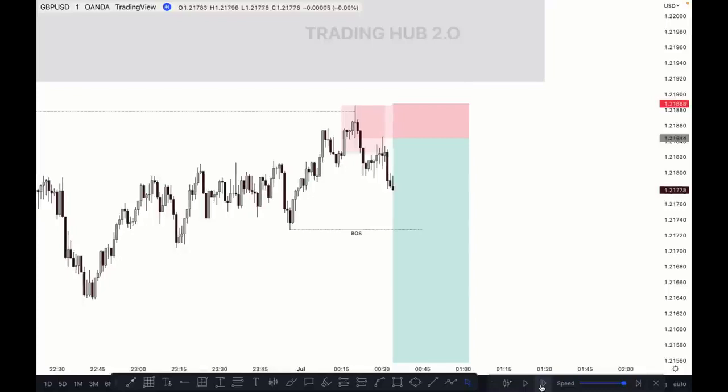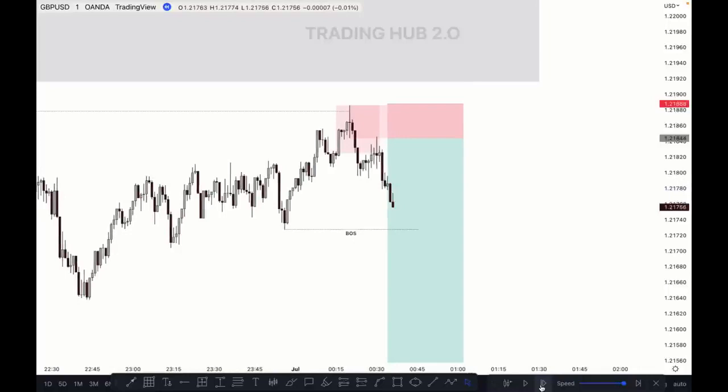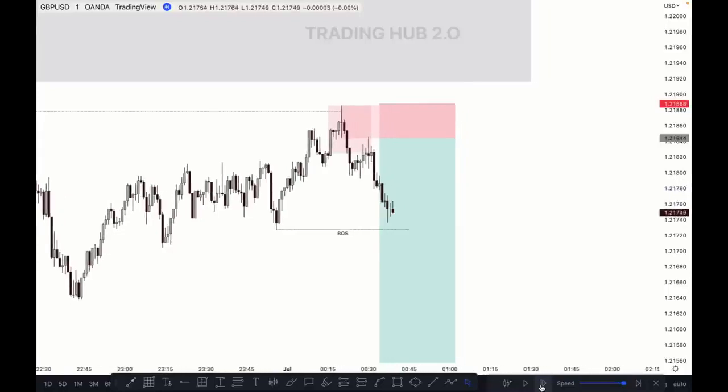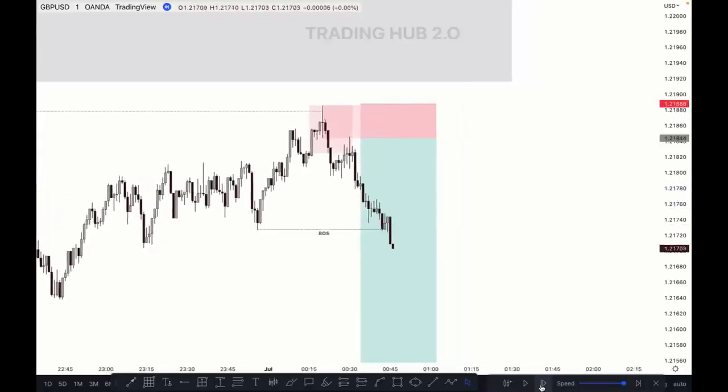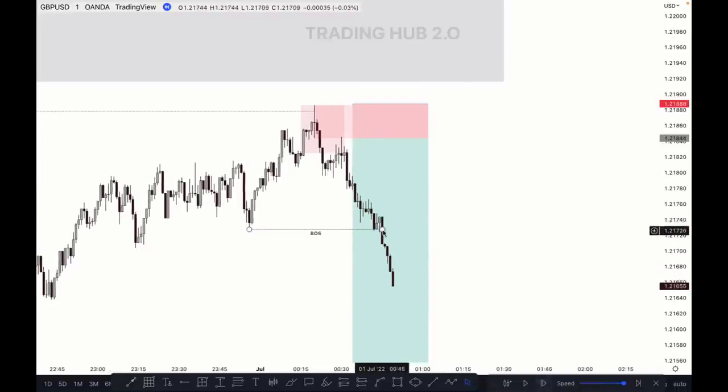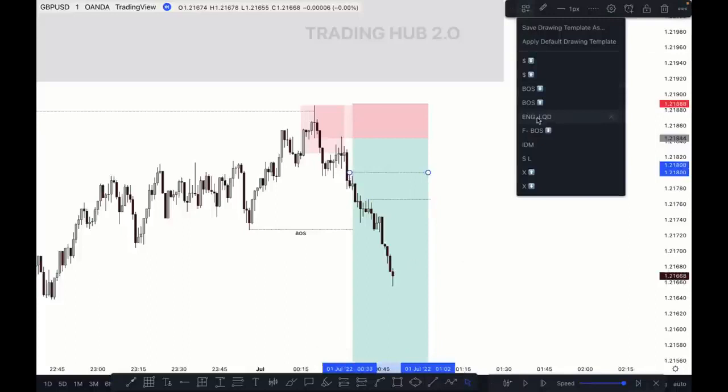You can see our first entry is activated, and we wait for another entry. Let's see what happened here. As you can see, the market broke this structure. After breaking this structure, where is our first inducement? This high becomes our first inducement, and this high becomes our engineering liquidity.